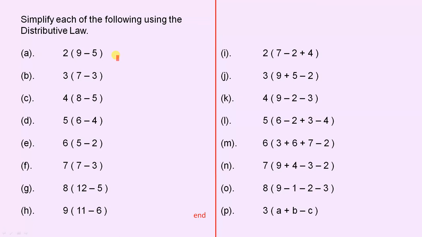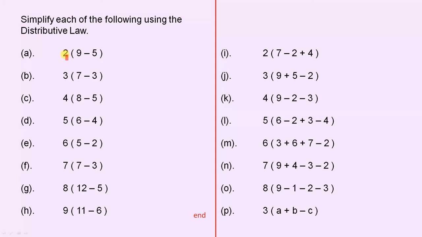Now, here we continue on with the distributive law, and we have some examples involving subtraction. The same principle applies. Each of these numbers outside of the brackets is distributed along each of those numbers, and multiplication is the operation, and you make sure there's a subtraction sign.